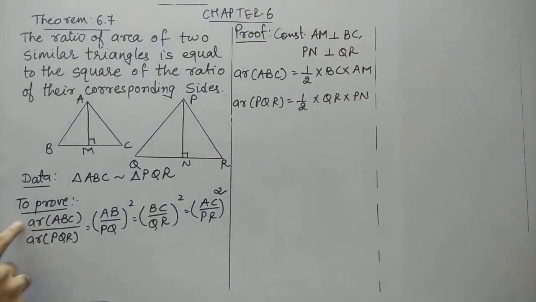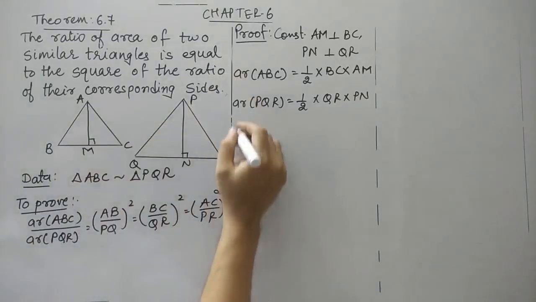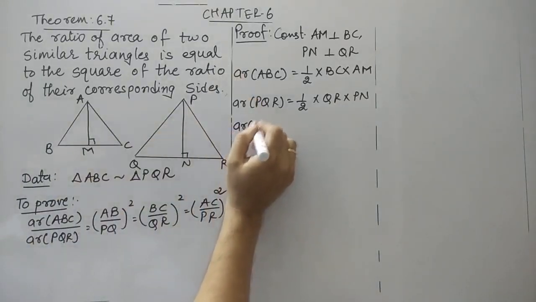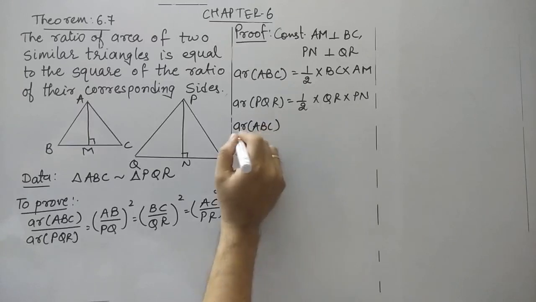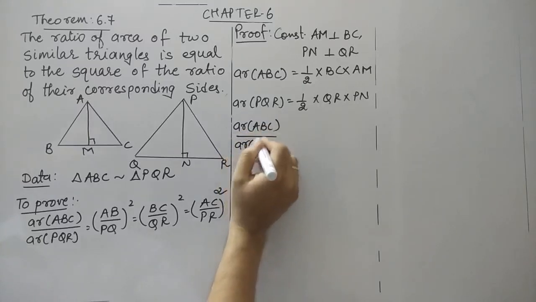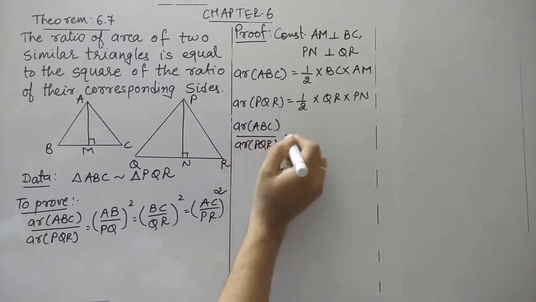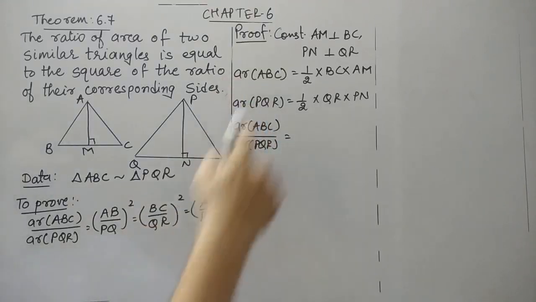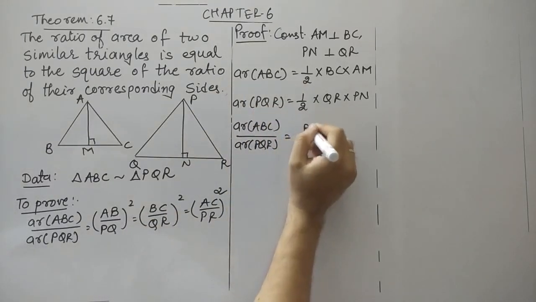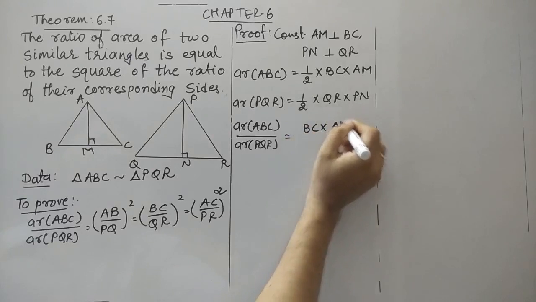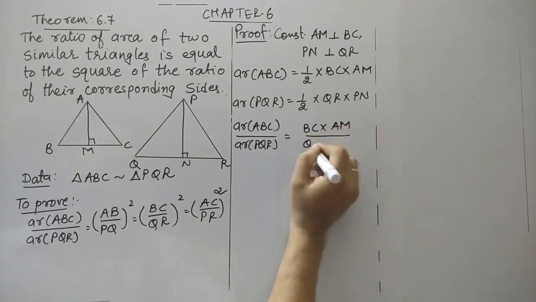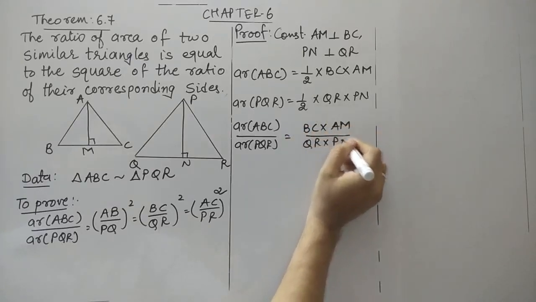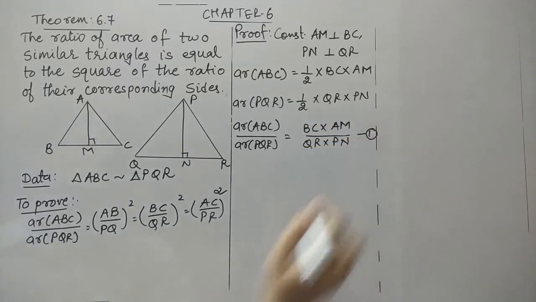We require the ratio of these two areas. When I divide this area with this one, the half will cancel, so we get BC into AM upon QR into PN. Let us call this equation 1, which we'll use later on.